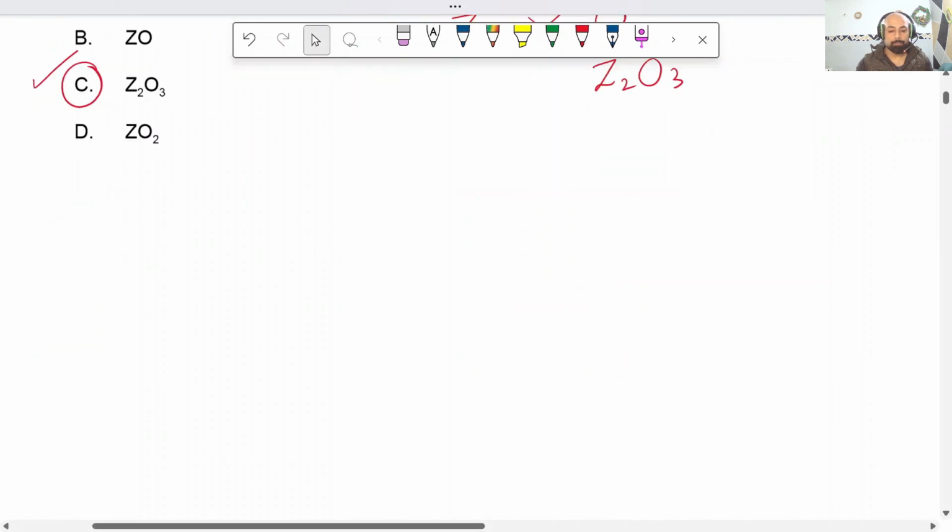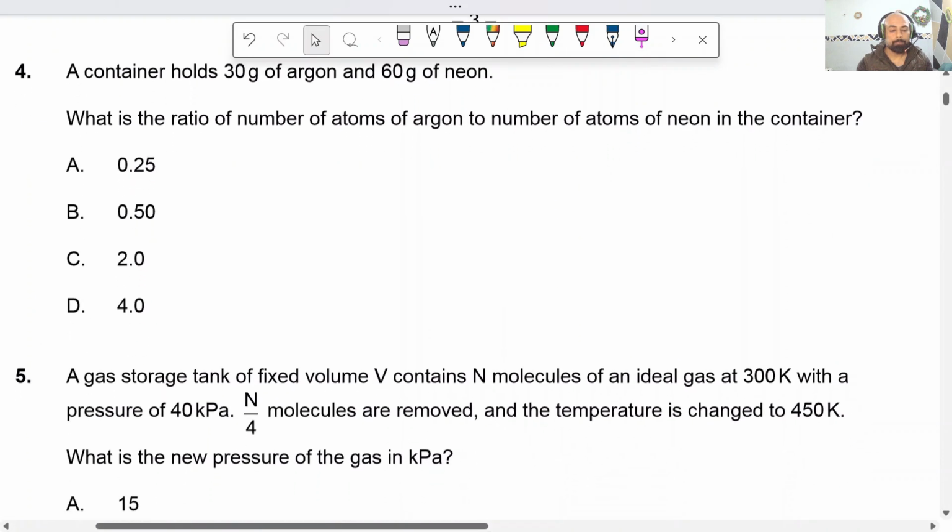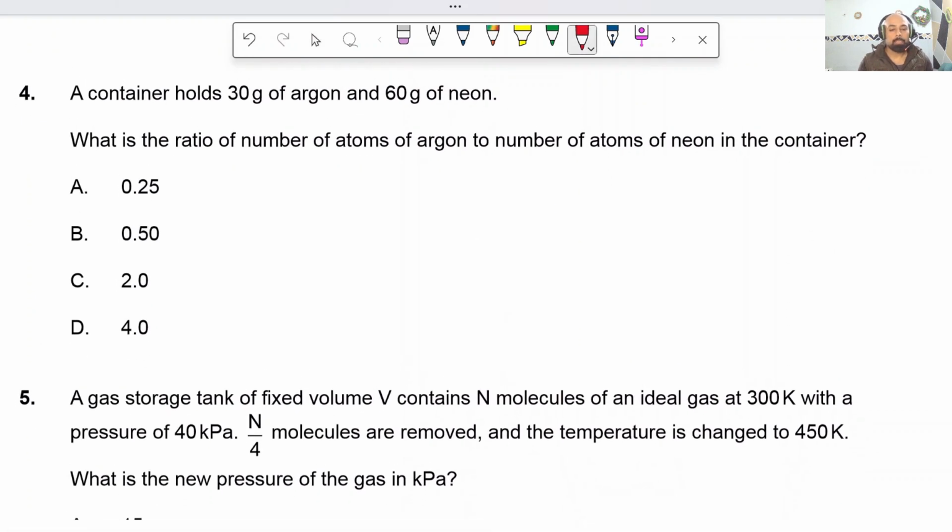Okay. Now we have question 4. A container holds 30 grams of argon and 60 grams of neon. So you have two noble gases: 30 grams of argon and 60 grams of neon. What is the ratio of the number of atoms of argon to the number of atoms of neon in the container? The first thing is always to convert the given data into moles.